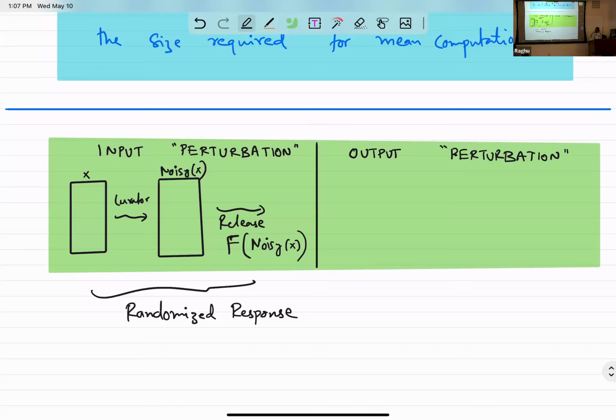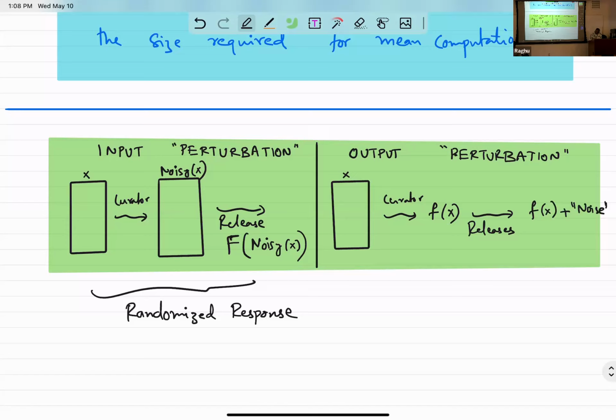So here, what the curator does is, you take your X, the curator actually computes whatever f of x you're interested in, but then releases f of x plus some noise. In some sense, the curator is fudging the output. You compute the output, fudge the output, and send it out.